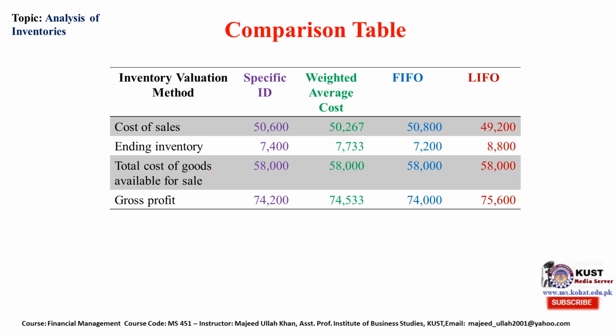Total cost of goods available for sale 58 million, again 58 million, 58 million, 58 million. Gross profit 74.2 million, 74.5 million, 74 million, and 75.6 million. So there are declining prices. Under LIFO, cost of goods sold is lower, and ending inventory is higher. If there were rising prices, then it would be reversed.